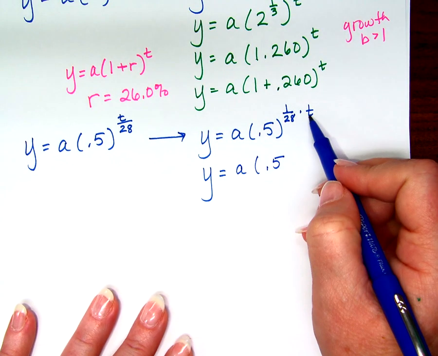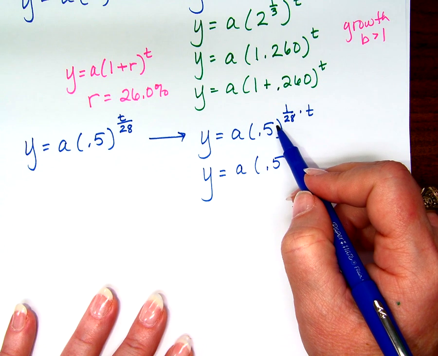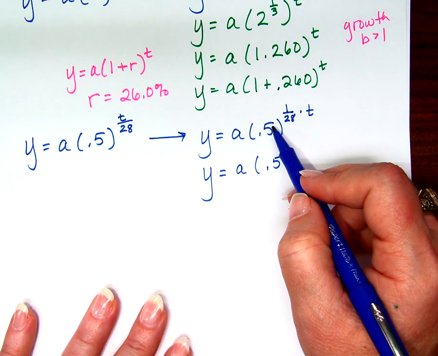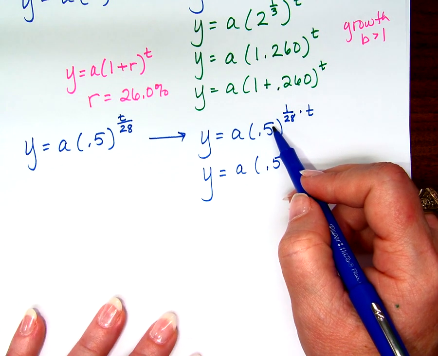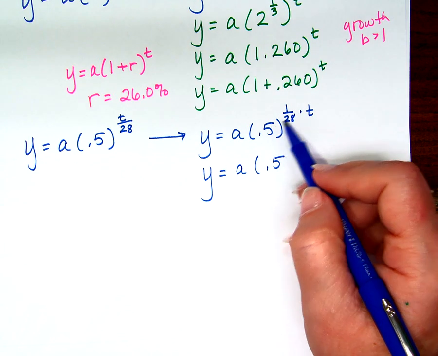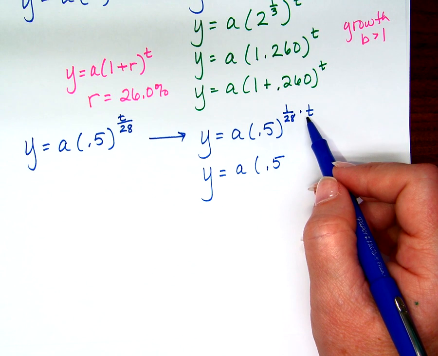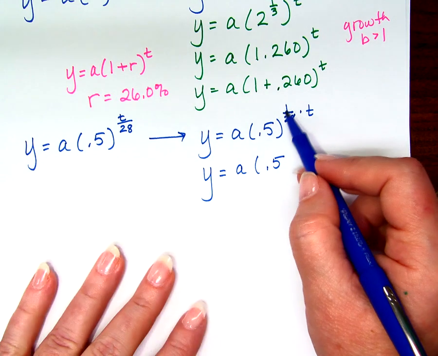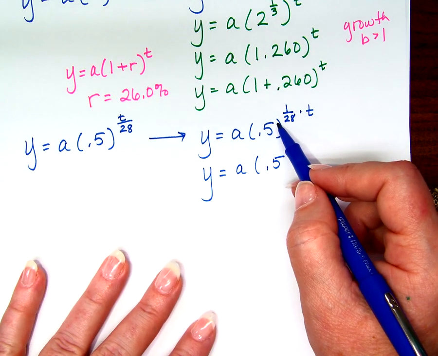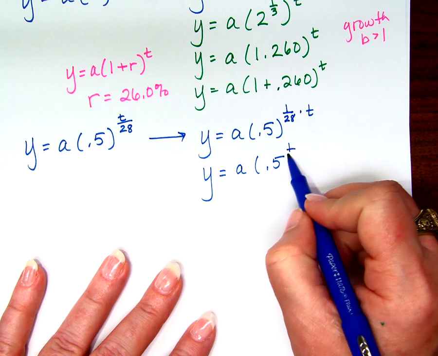Wait, why don't we pull the t inside? Why do I pull the 1/28th inside? Well, that I could put that in the calculator, right? I can't put 0.5 to the t in the calculator. That wouldn't make any sense. I want to pull the number inside so that I can actually find that value.